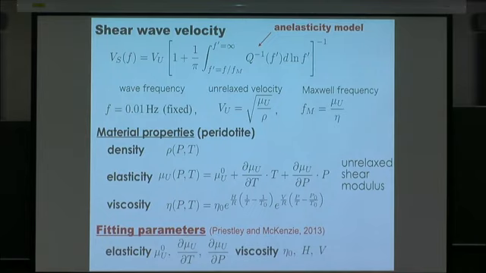In this application, wave frequency is fixed to 0.01 Hz, and the other two quantities are calculated from the density, elasticity, and viscosity of the peridotite.